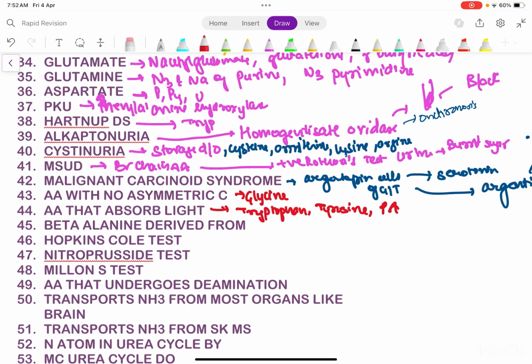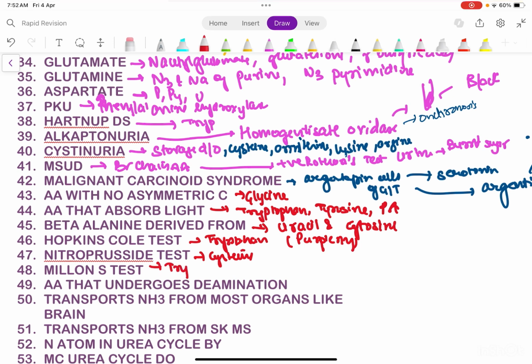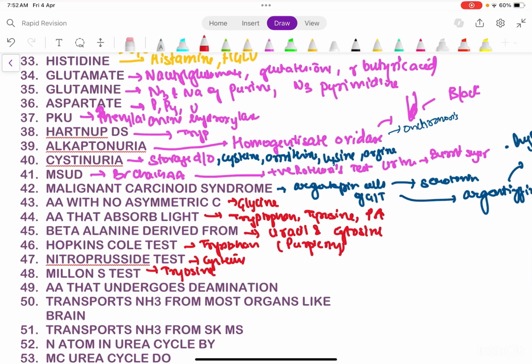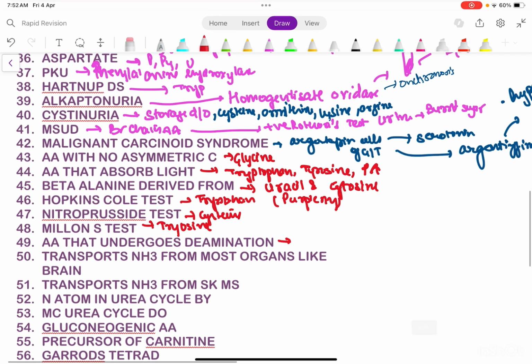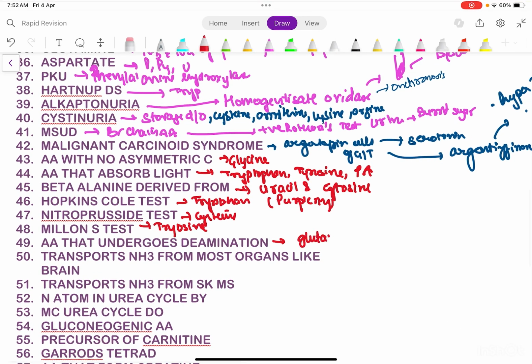Beta-alanine is derived from uracil and cytosine. Hopkins-Cole test is used for tryptophan, with a purple ring formation. Nitroprusside is used for cysteine, Millon's for tyrosine, and the amino acid that undergoes deamination is glutamate.